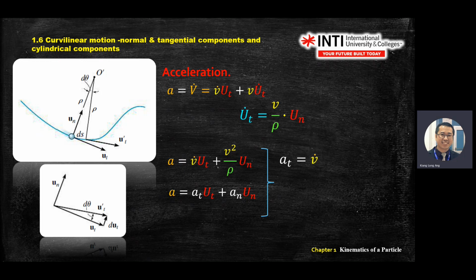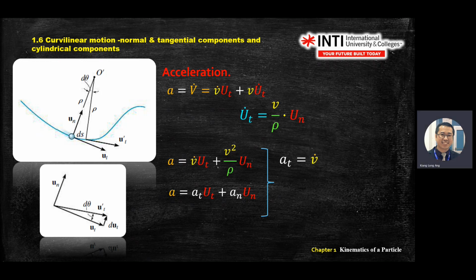So when you see curvilinear motion, most of the time you need to use this equation. A equals, you have two components, tangent component and normal component. So you write a t u t, this is magnitude, this is direction, plus a n u n.